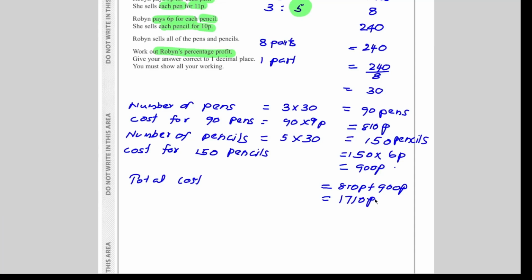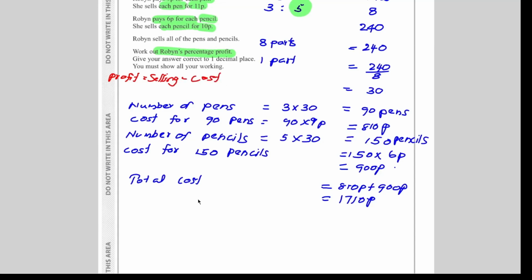Now we need to work out Robin's percentage profit. We know that if we want to get percentage profit, we need to get what the profit is. Profit equals selling price minus cost.